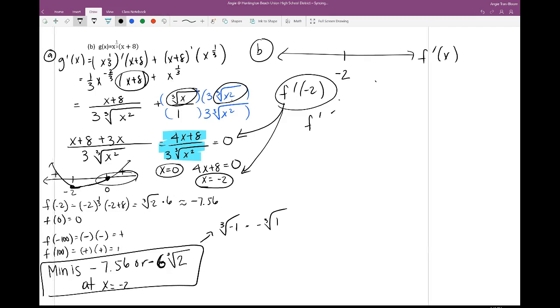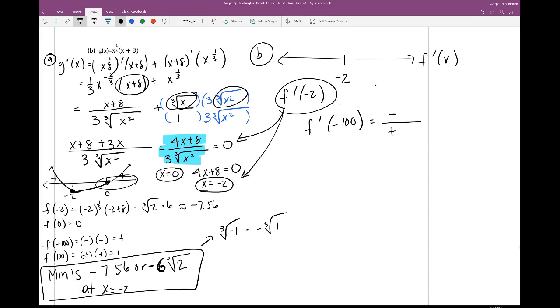But I need to plug in f prime of the left-hand side of that, which is negative 100. So on the top, 4 times the negative 100 is negative. On the bottom, the third root of negative 100 squared. Well, negative 100 squared is going to be positive, so that's always going to be positive. So this is going to be negative. So negative's right there, okay? And then, sorry, the lights in the classroom got turned off.